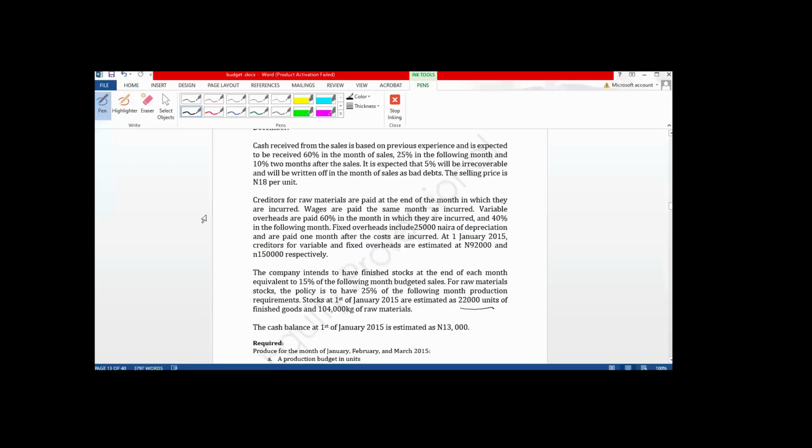Look at the question. At 1st January 2015, creditors for variable and fixed overhead are estimated at 92,000 and 150,000 respectively.